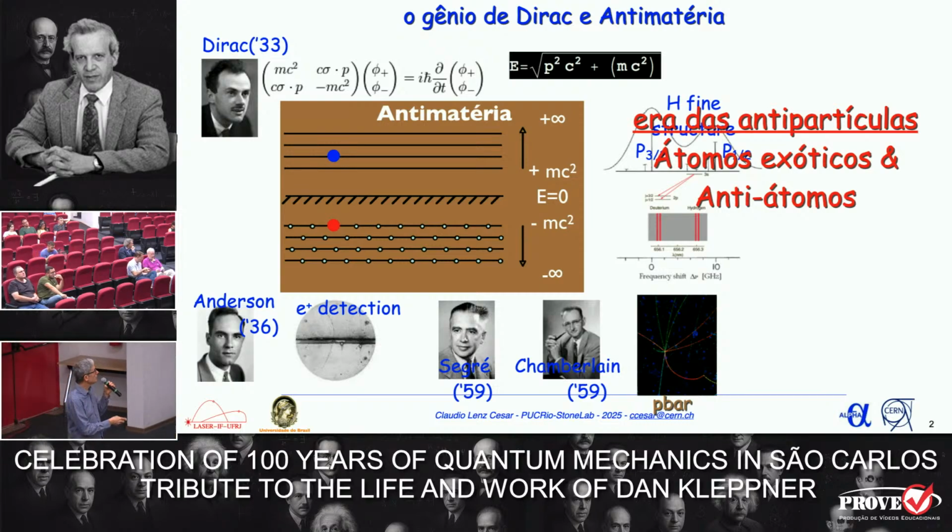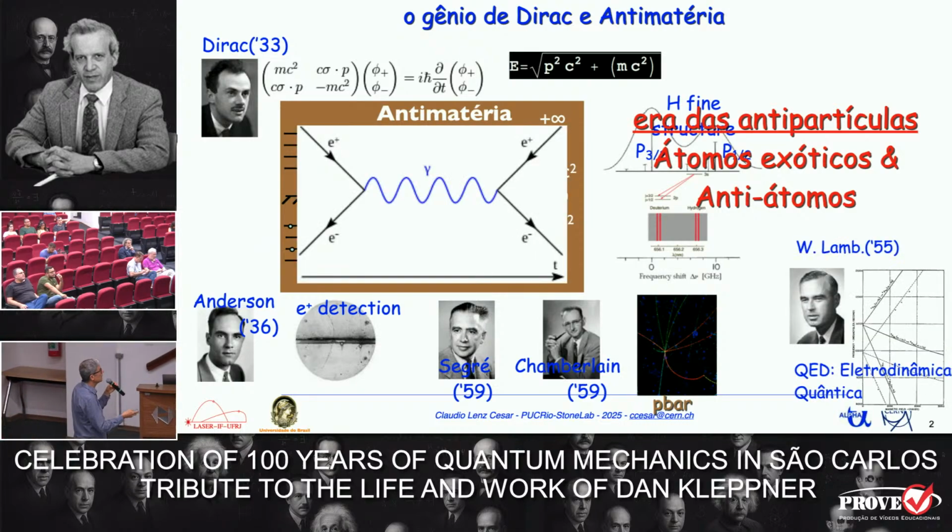So you get a positive kind of electron and a negative electron. This was Dirac's proposal, and soon after, Anderson detected the positron, and later, Segre and Chamberlain detected the antiproton in Berkeley, and this opened up the whole era of antiparticles.